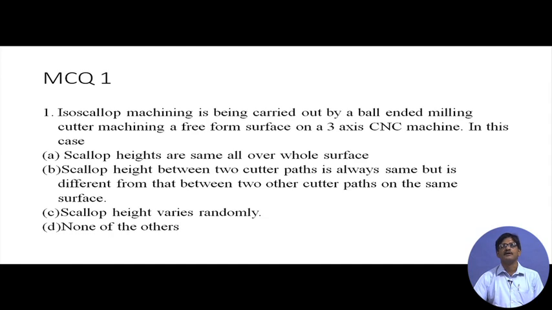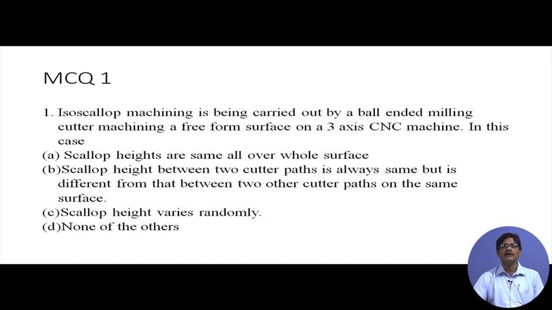Second option, scallop height between 2 cutter paths is always same, but it is different from that between 2 other cutter paths on the same surface. Third, scallop height varies randomly, and D, none of the others. First of all, we can eliminate C. Yes, it is not correct. Scallop height has to be uniform.